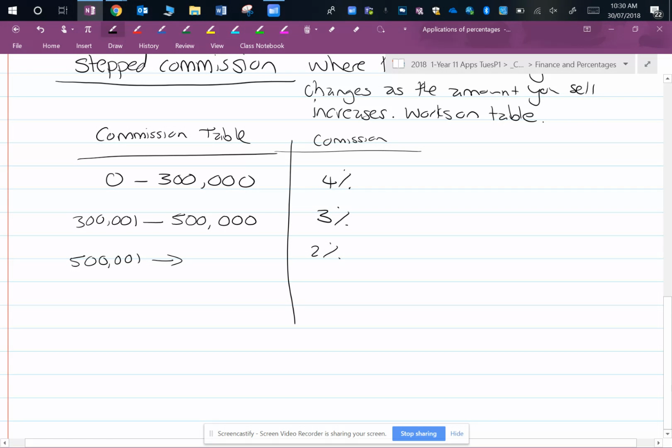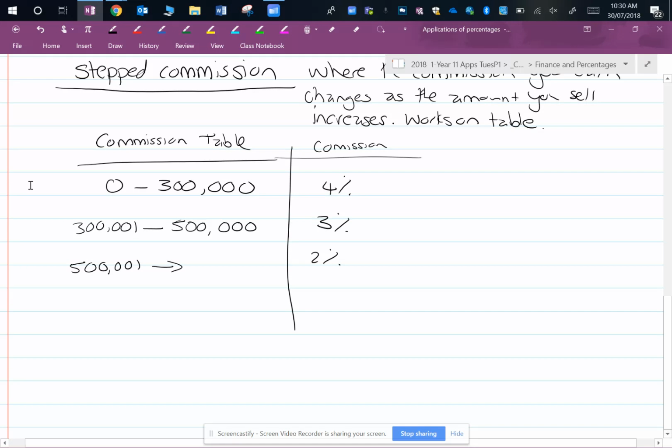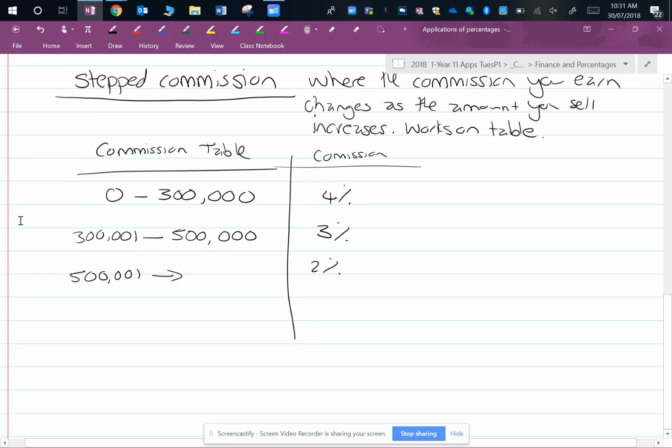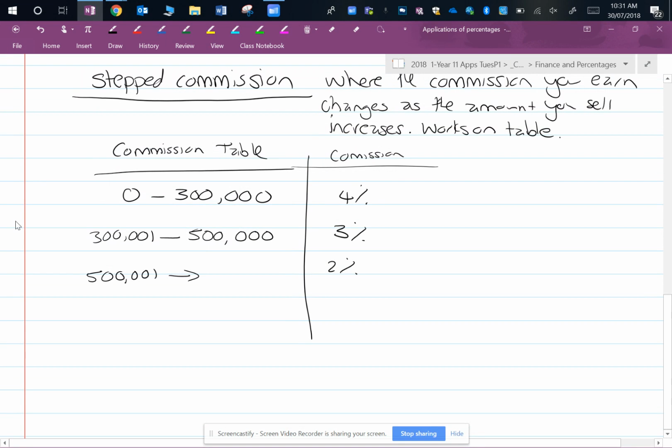I get 4% on the first $300,000, and then I get 3% of that $200,000 in here, and then I get 2% on any amount over the $500,000. So no matter what, I get this first 4% over here, as long as I sell houses over this.